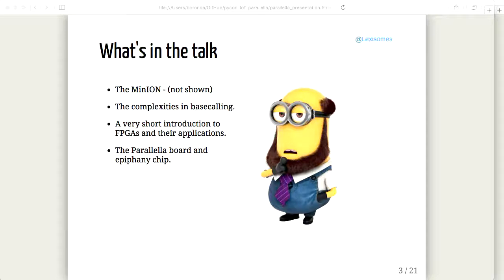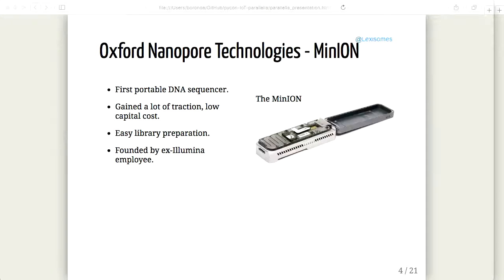I really don't know much about FPGAs, and even after doing this, I still really don't. We'll also talk about the Parallella board, this little device here, similar to your little Pi boards. This one was created by Adapteva in 2014.